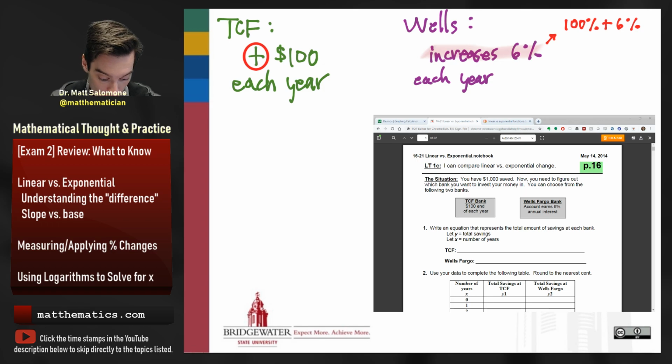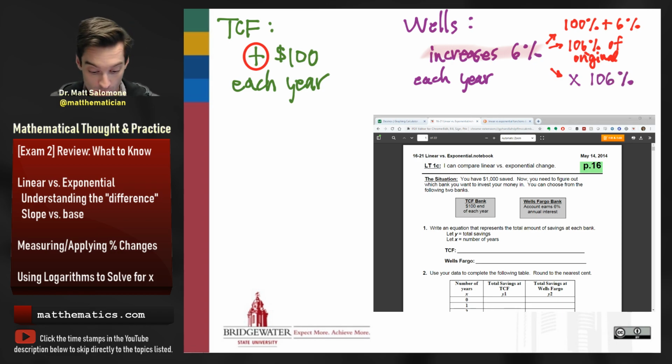So in total, what I'm doing is I'm going to end up with 106% of my original quantity. But this of here, to take a percent of a quantity, means to multiply that quantity by the percentage that we have here. So 106% of a quantity can be found by multiplication of that quantity by 106%.